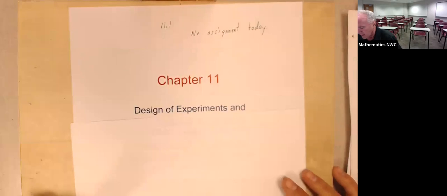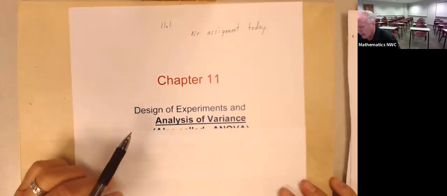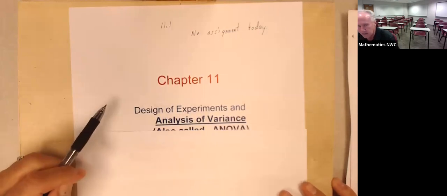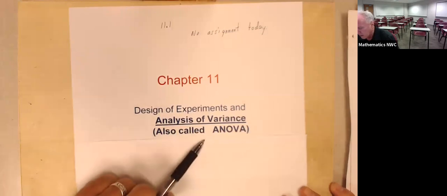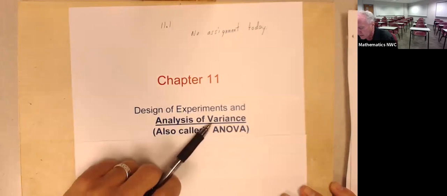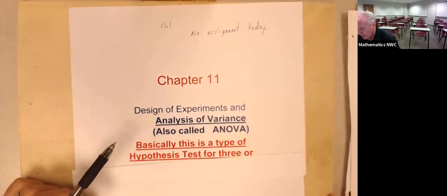Chapter 11 is looking at designed experiments. And we're looking at an analysis of variance, AOV, which is why it's also called an ANOVA test. An ANOVA is an analysis of variance. It's looking at how much these two different sets or multiple sets vary, all right?